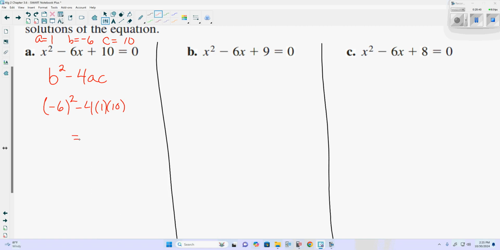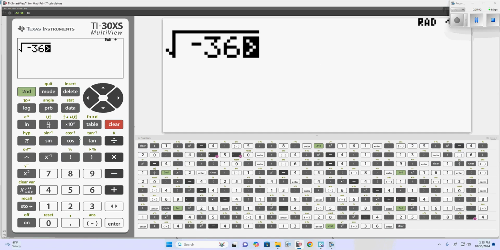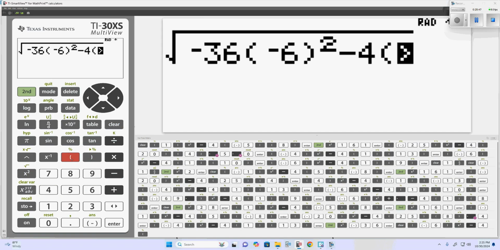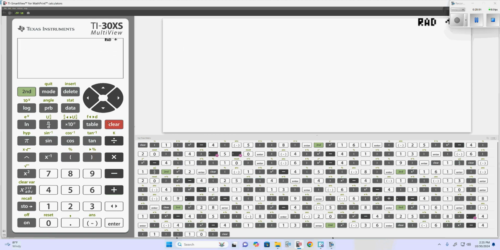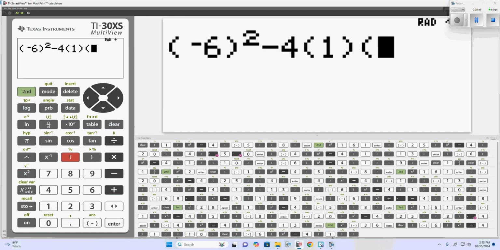So the first part of this problem is just finding this value. -6 squared minus 4 times 1 times 10 is -4.